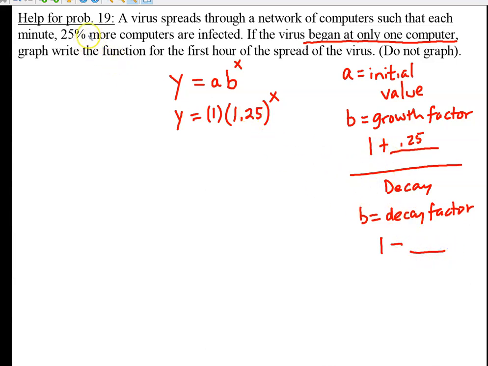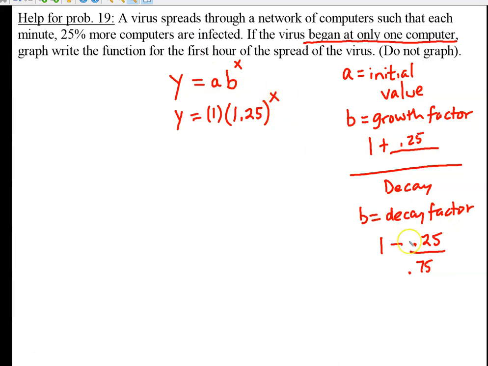So if we pretend the value of a certain asset is decreasing by 25% over a certain period of time, then I would always start with 1, but this time I would be subtracting 25%, and my B number would be 0.75. Just want you to see that for future reference. This is what we're obviously working with here.